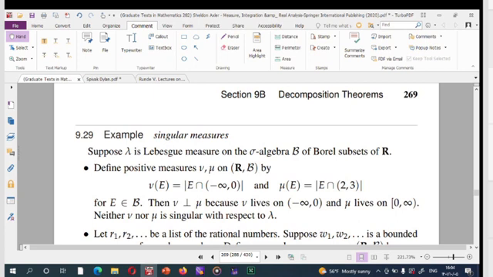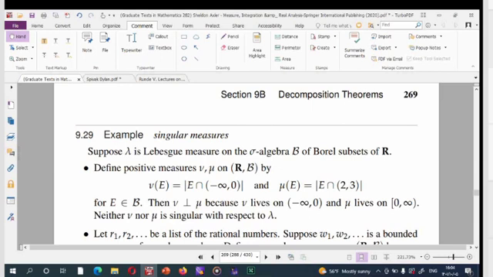Then we see that these two are singular with respect to each other, and mu lies on 0 to infinity.